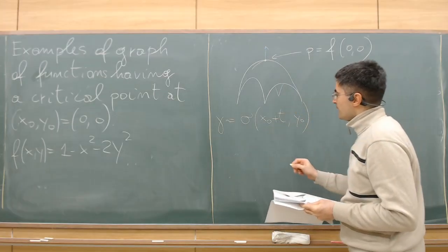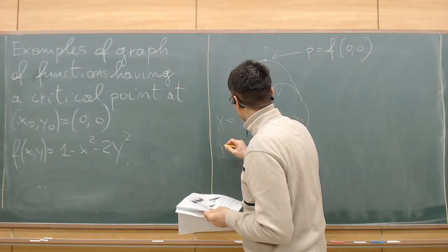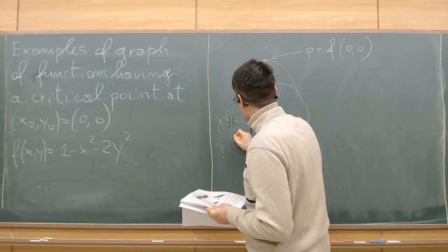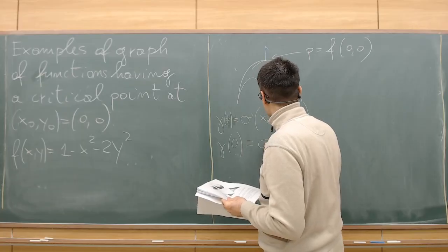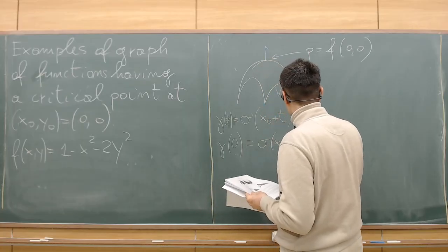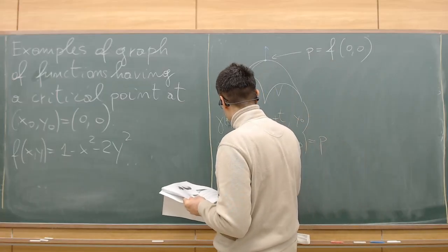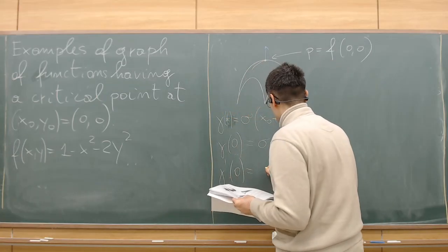This curve has the property that gamma 0 is sigma of x0, y0 equal P, and gamma prime 0 is E1.